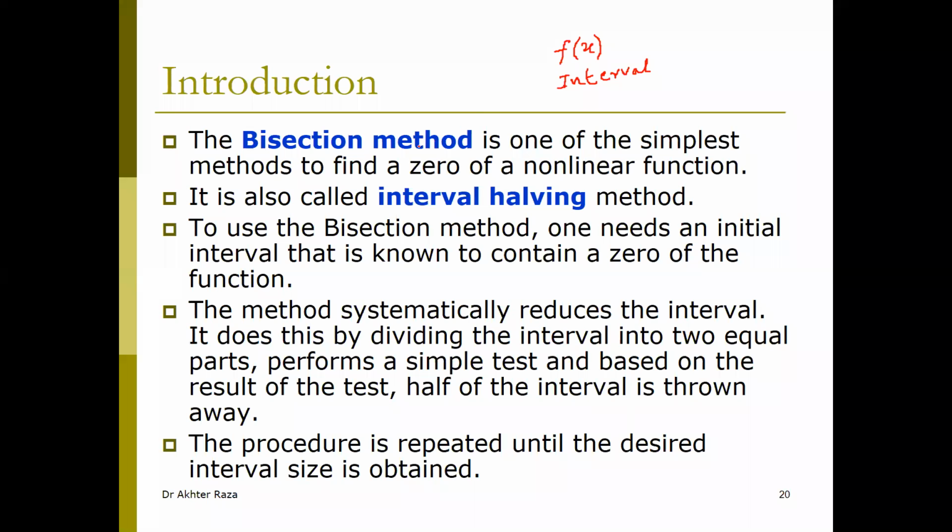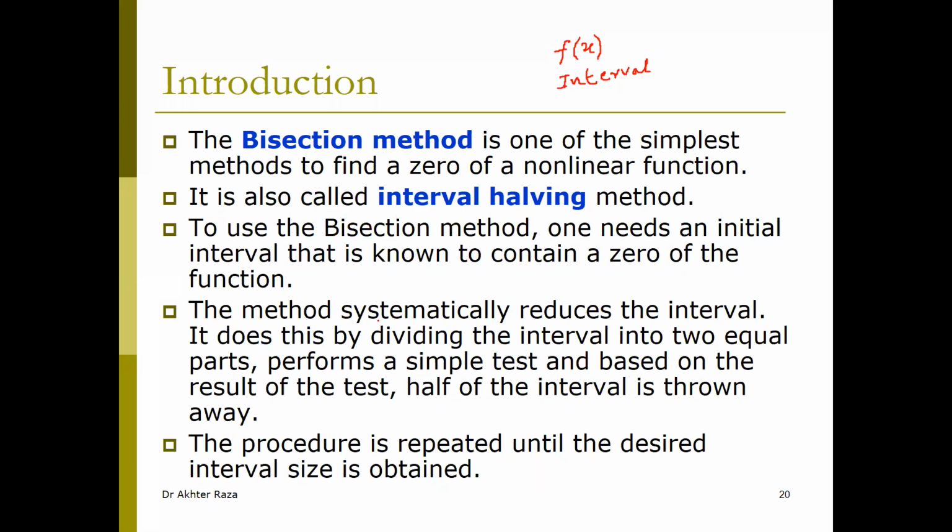The bisection method is one of the simplest methods to find the zeros of a nonlinear function. It is also known as the interval halving method. We have to halve the interval. Bisection, as the name indicates, means bi, two parts.